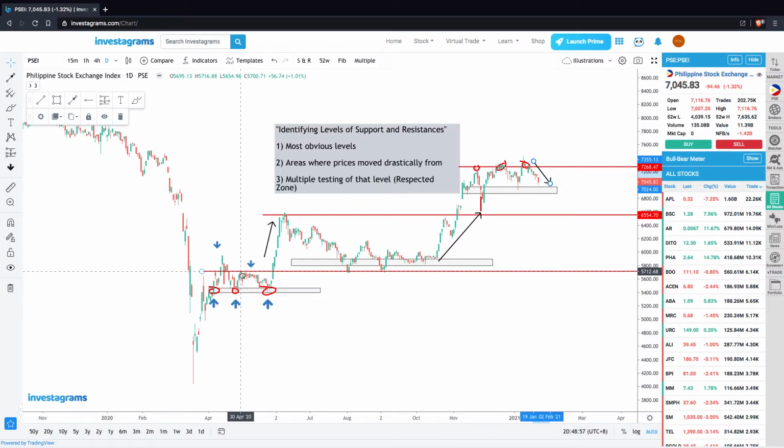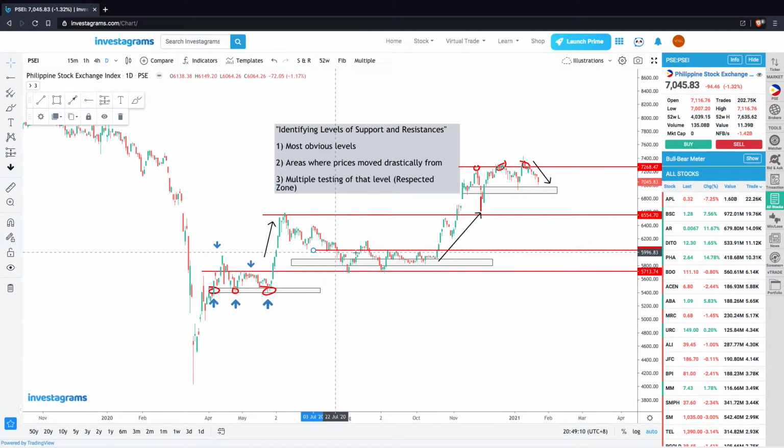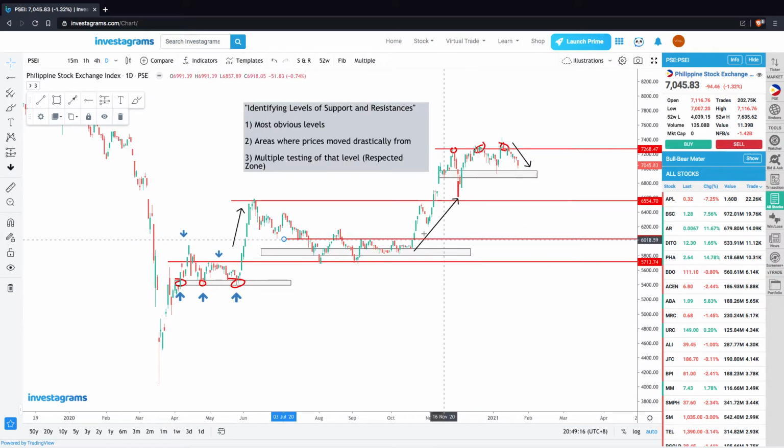If it's on the higher part and it's failing to break above, that's usually the resistance area right there. So like for this one, this is an area of resistance, but you could also say that this is also an area of resistance. This one, 1, 2, 3 times, and we broke above from that, and as we can see, it rallied from there.